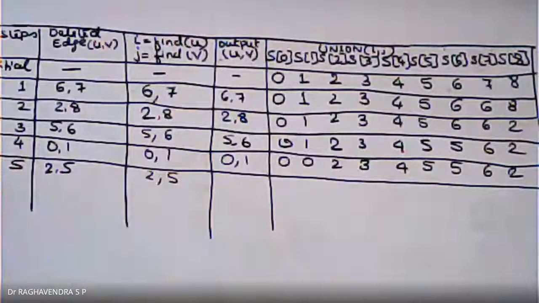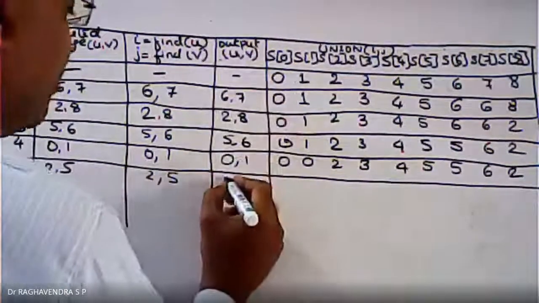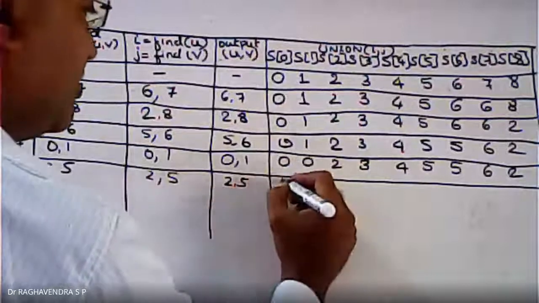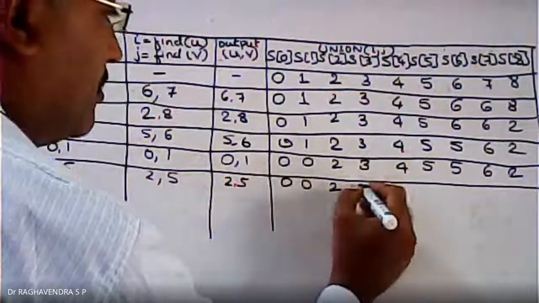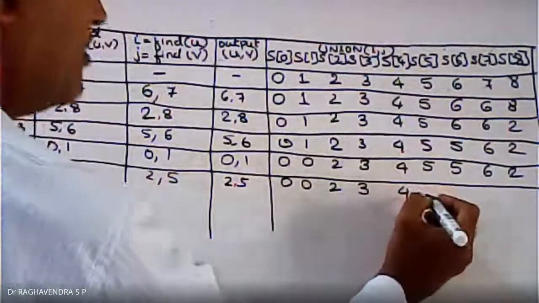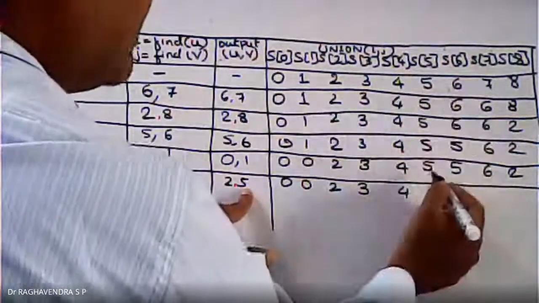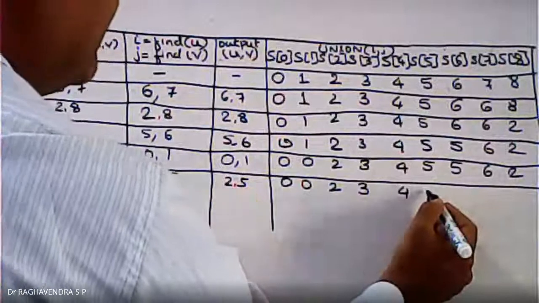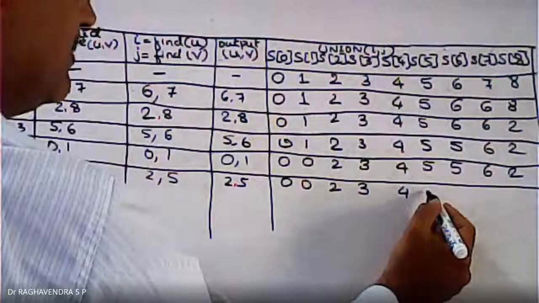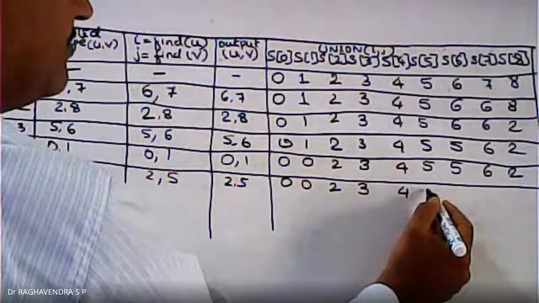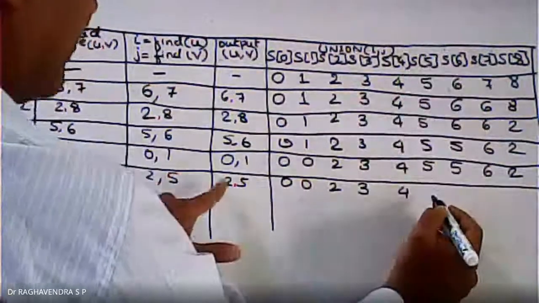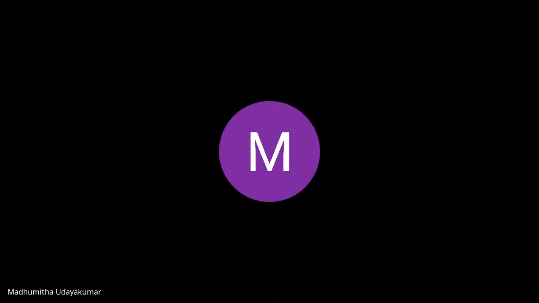So 2 comma 5, and the output is also 2 comma 5. 0, 0, 2, 3, 4. Okay, so in place of 5, I have to write 2.